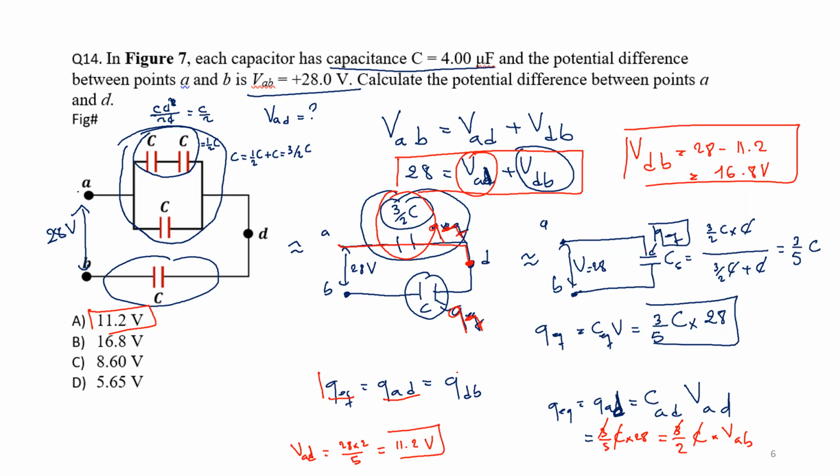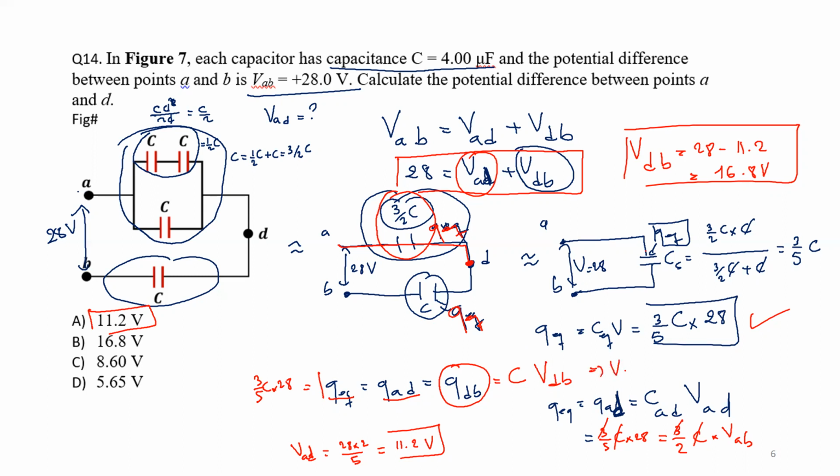You see here, I know QDB. And QDB here, between D and B, the charge is just Q equivalent. Okay, and I know it. It's 3/5 C times 28. And then I will say that this charge is CDB. By the way, CDB is just C. I just have one capacitance and it's C. Multiplied by VDB.